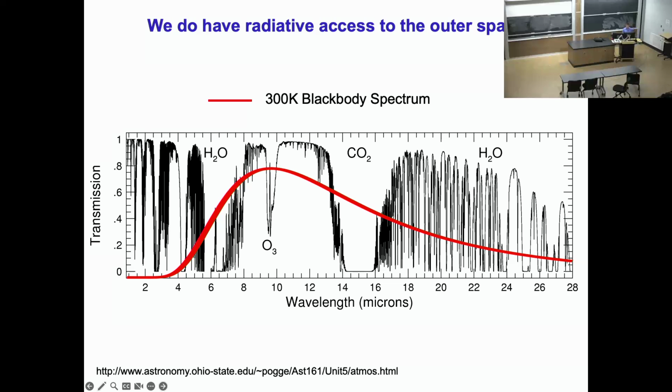So 300 Kelvin is approximately the temperature of every one of us. And to a large extent, if we look at our thermal emission spectrum, we are essentially like a black body. So you can approximately think of this as the emissivity spectrum for every one of us sitting here.